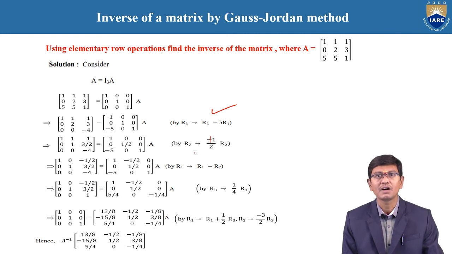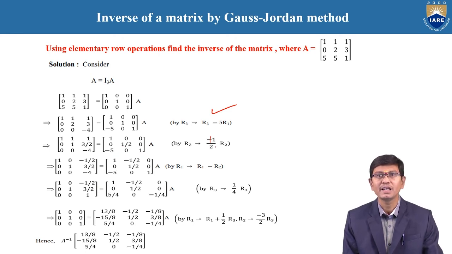Therefore, with this operation, the left-hand-side matrix is 1 1 1, 0 1 3/2, and R3 is 0 0 -4 only. The right side we clearly obtain as 1 0 0, 0 1/2 0, -5 0 1 only.